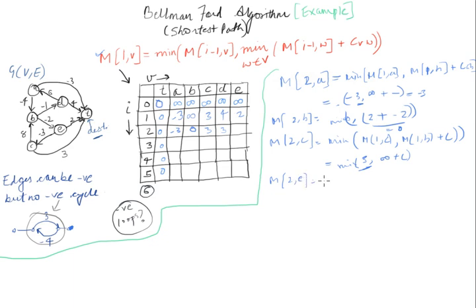M2,E is equal to the minimum of M1,E, or the direct edge, plus cost of C to E. 1E was 2, minimum of 2, comma, 1C was 3 plus CE is minus 3.